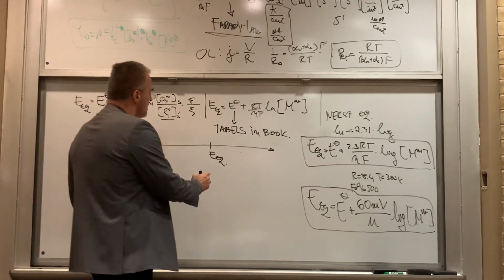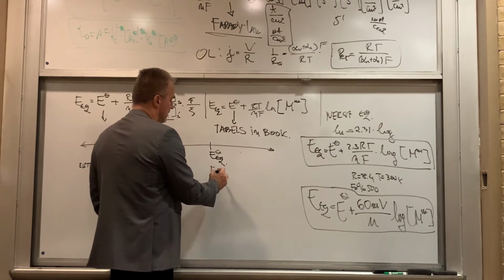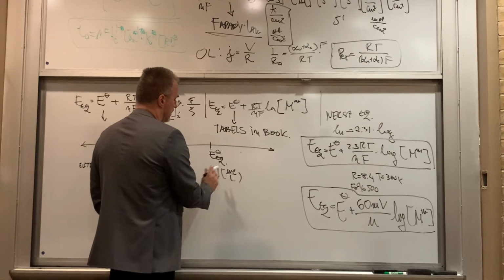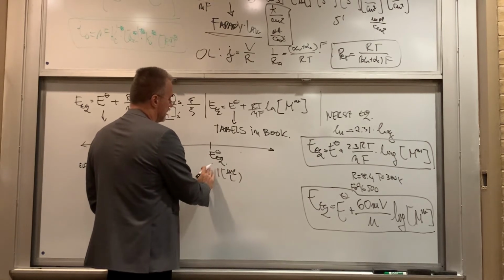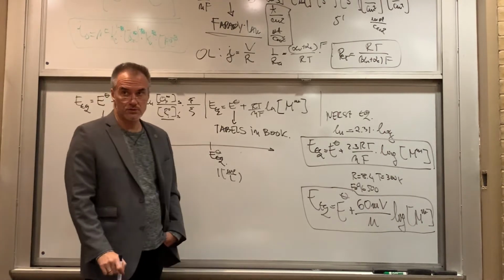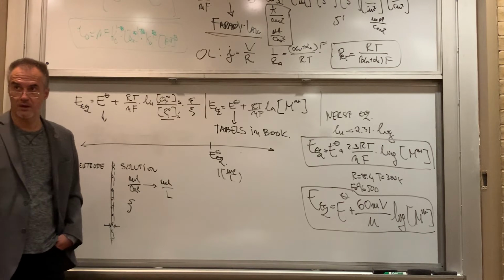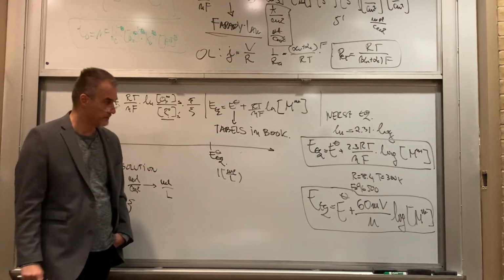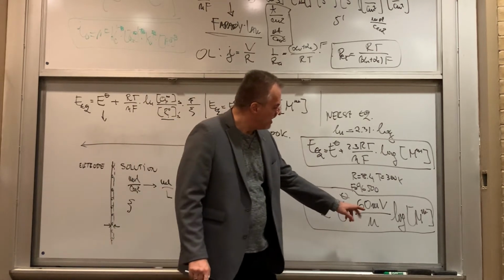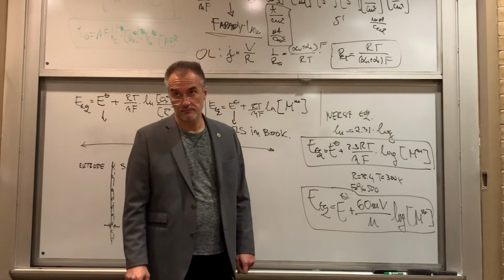So if this is standard condition, that means the solution has 1 mole per liter of ions. If the solution is 0.1 mole, what am I going to get? The logarithm of 0.1 is minus 1.